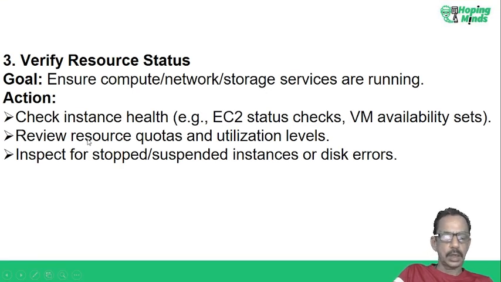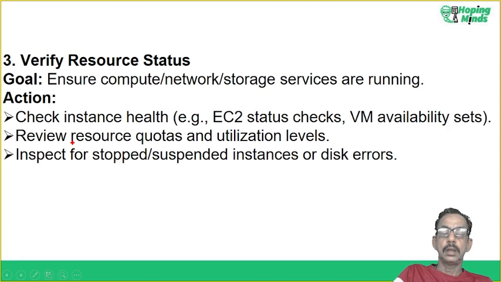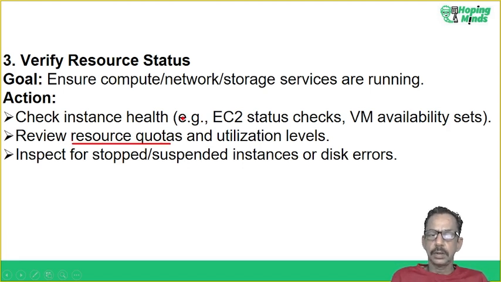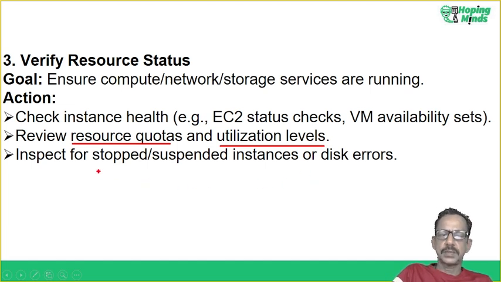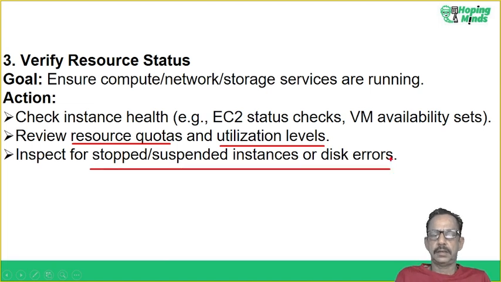Review the resource quota. Maybe the quota is the reason. You can allocate a quota for everything, either for storage or some other resource, and check what the utilization of that is. That can also be the reason the infrastructure is not responding properly. Inspect for stopped or suspended instances or disk errors.